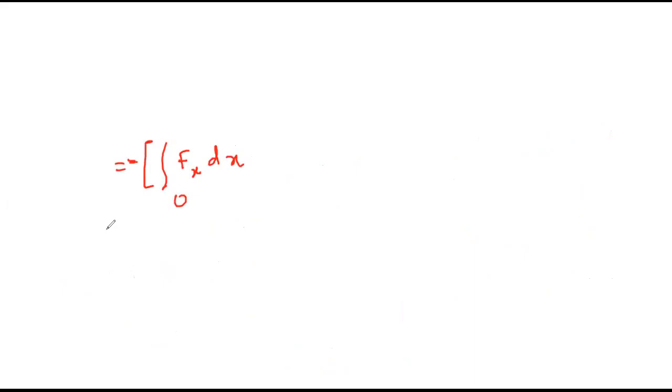And the second component Fy changing with respect to y is from 1 to 3. This gives the whole negative of the work done against the conservative force.